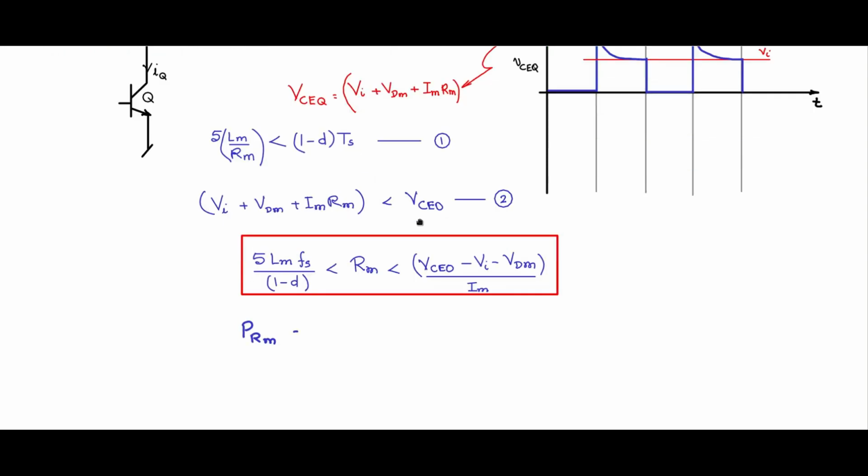So the power rating of Rm can be found out from half Lm Im square amount of energy, which has to be dissipated every switching cycle. So this power is equal to half Lm Im square into Fs, and this is the power that will get dissipated in Rm. Whatever value of Rm you have chosen in this range, the energy here is independent of the value of Rm. So this is the power rating choice that you have to make for Rm.